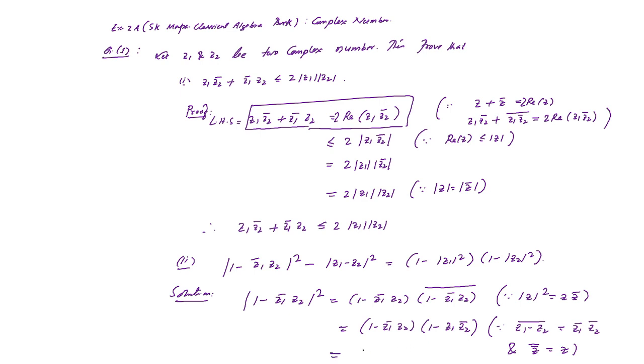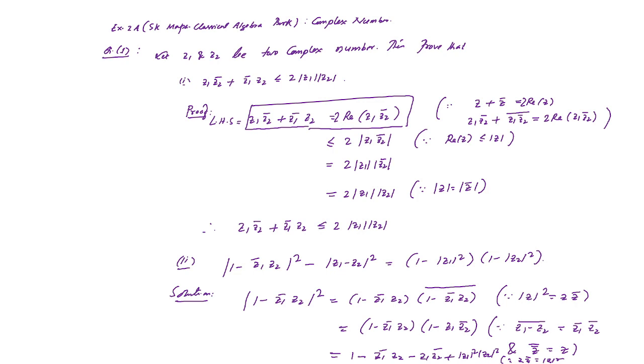So now we just use the distributive law, so 1 minus z1 bar z2 minus z1 z2 bar, and this will be plus mod z1 square mod z2 square. Again we use z z bar equals mod z square.